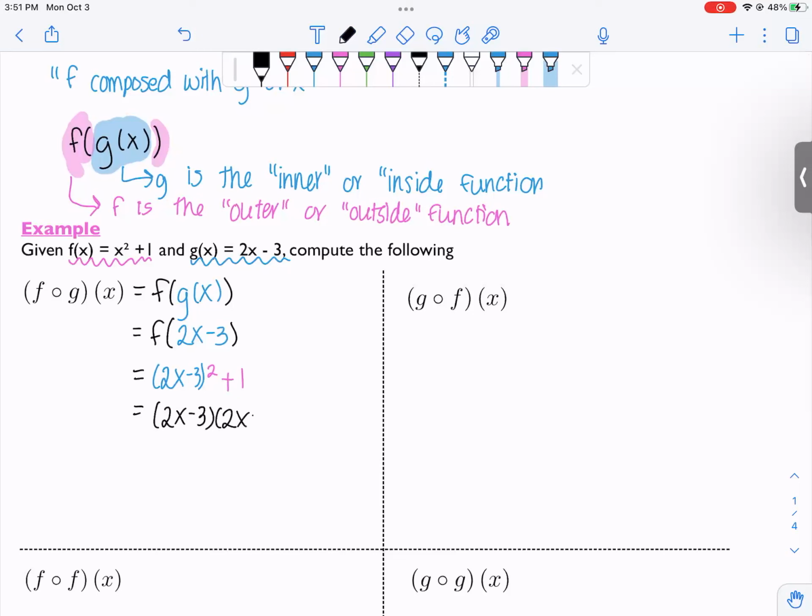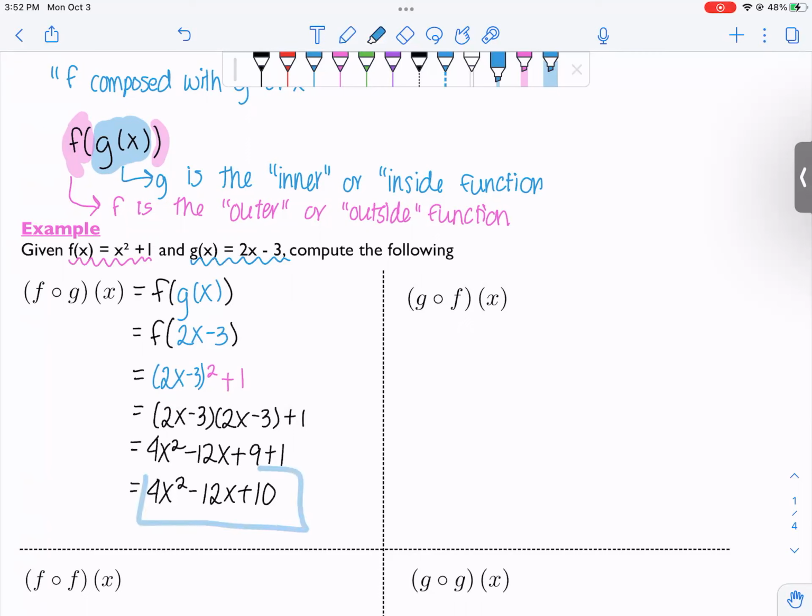If I FOIL out 2x minus 3 squared and add that plus 1 at the end, here's what we're going to get. We're going to get 4x squared minus 12x plus 9 plus 1. That's from FOILing and then adding the plus 1 at the end. 4x squared minus 12x plus 10. So we plugged g of x into the function f.